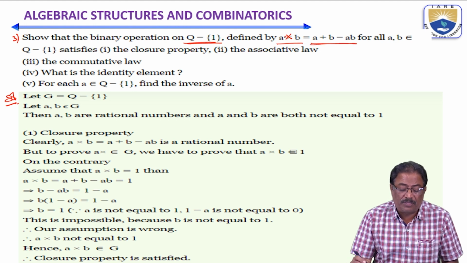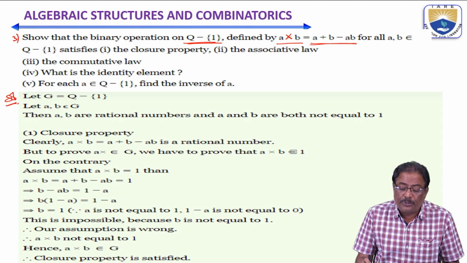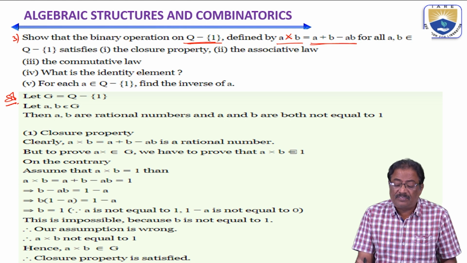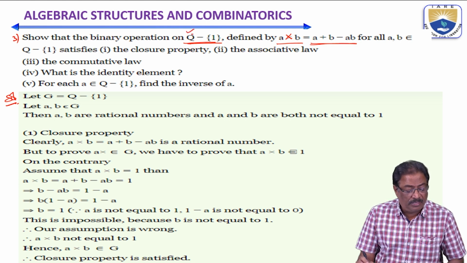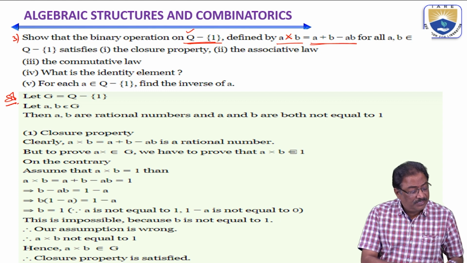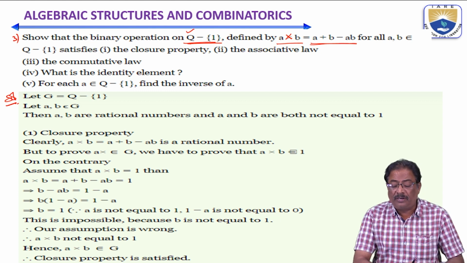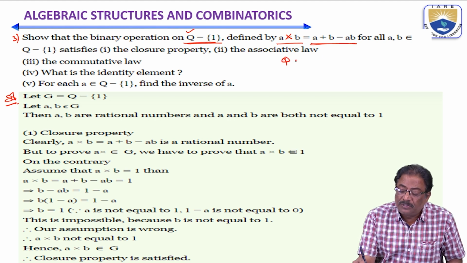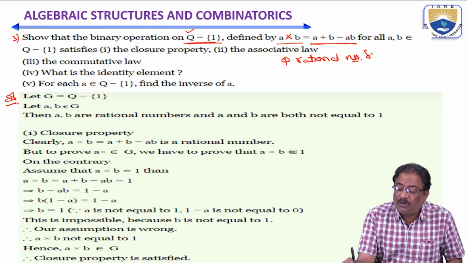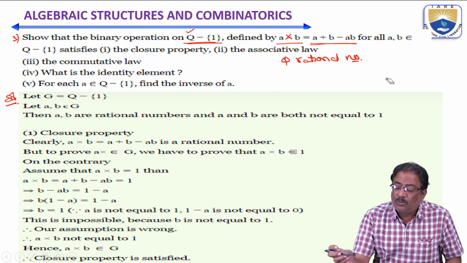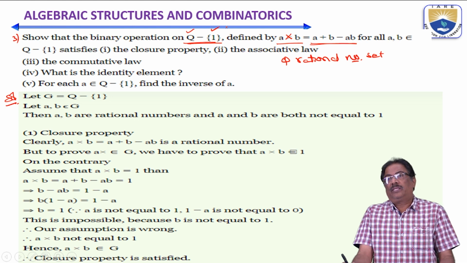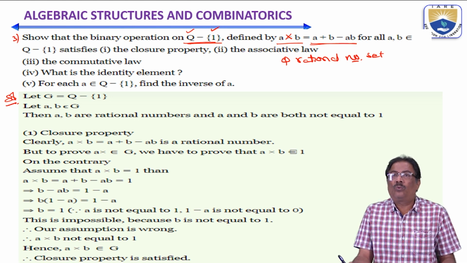Cross is the binary operation, and Q is the rational number set. Here we are not defining Q anywhere. In this rational number set, 1 is not included.